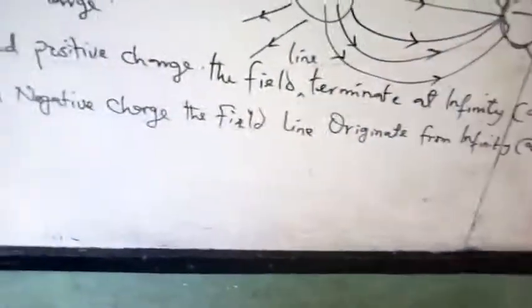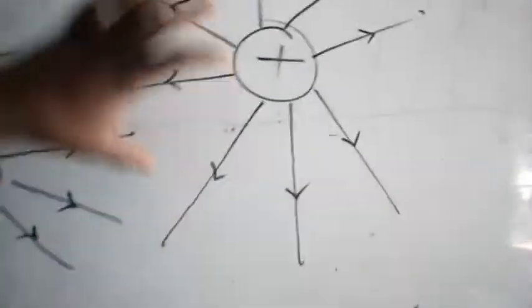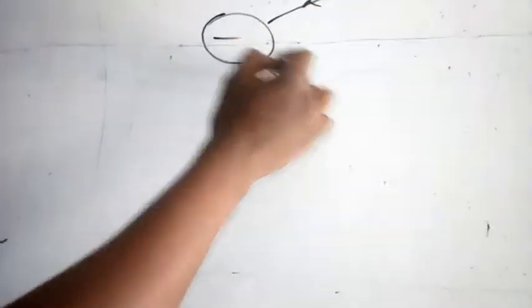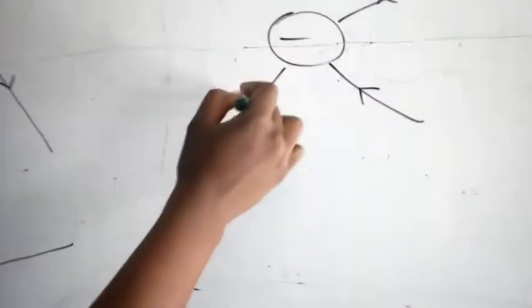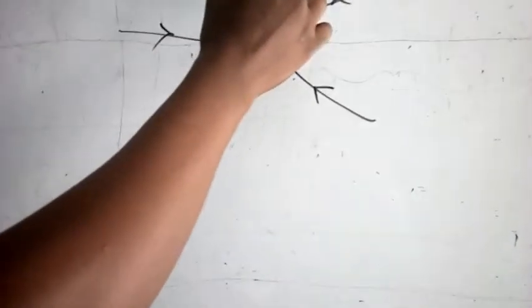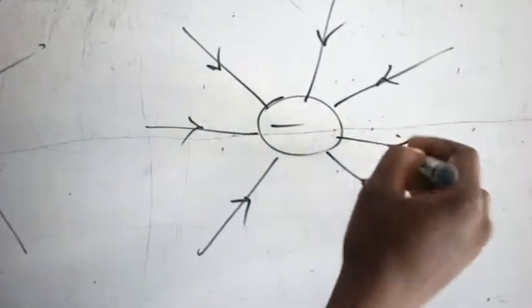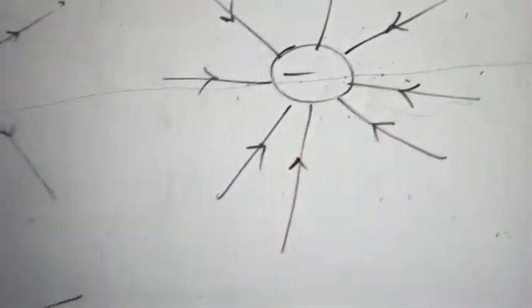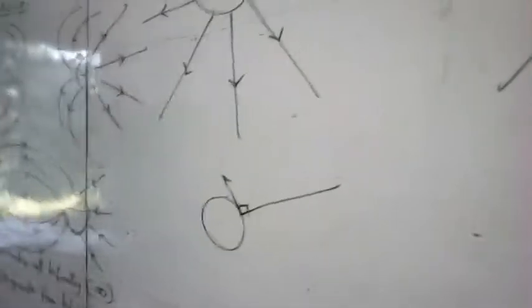For an isolated positive charge, it terminates at infinity. It's just giving out. While for an isolated negative charge, it originates from infinity and terminates at a particular point in the charge.